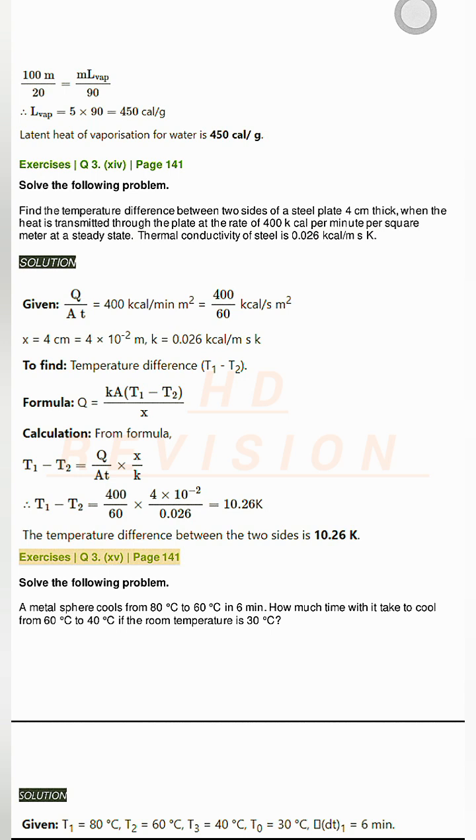Exercises Q3. XV, page 141. Solve the following problem. A metal sphere cools from 80 degrees Celsius to 60 degrees Celsius in 6 minutes. How much time would it take to cool from 60 degrees Celsius to 40 degrees Celsius if the room temperature is 30 degrees Celsius? Solution.